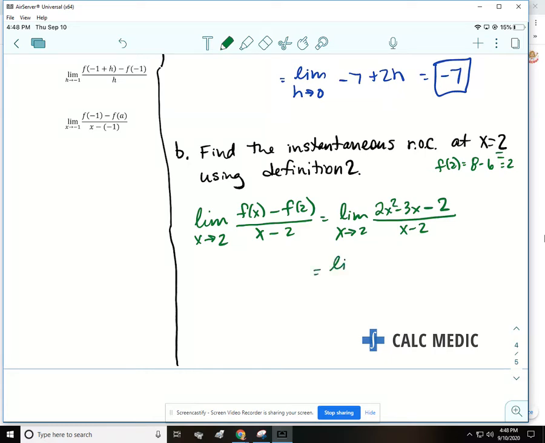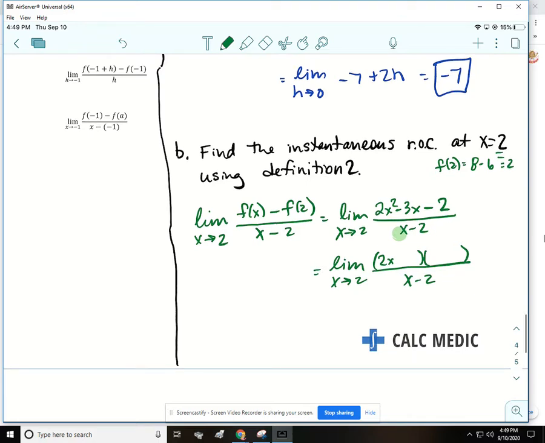Okay. So this one uses a lot of algebra too. However, to me, it's a little less tedious algebra. I'm not going to be able to plug in that 2 for x until I don't have an x minus 2 in the denominator, because right now it's just going to give you 0 in the denominator. The only way we can get rid of that whenever it's a rational expression like this is to factor the numerator, and hopefully the x minus 2 will cancel out.